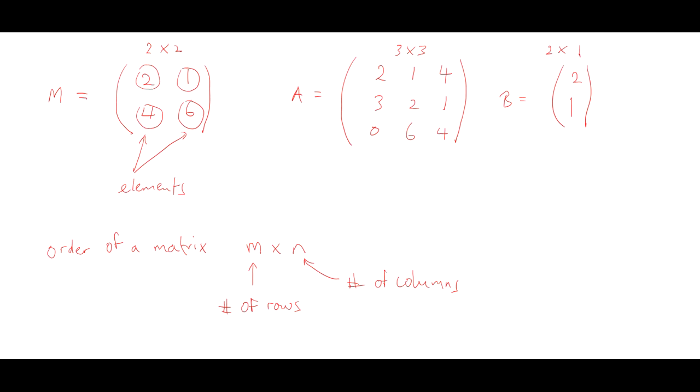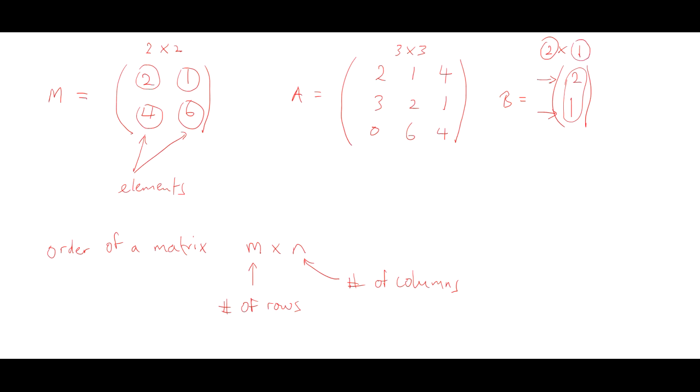The first number represents how many rows we have. So in the case of B, this is our first row, this is our second row. So we have 2 rows, and that's why I got 2 here. And we only have 1 column here, and that's why I got 1.